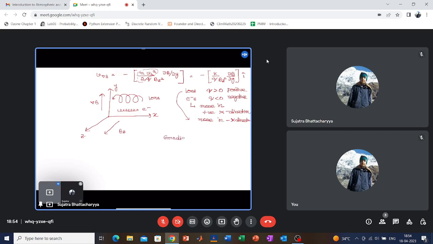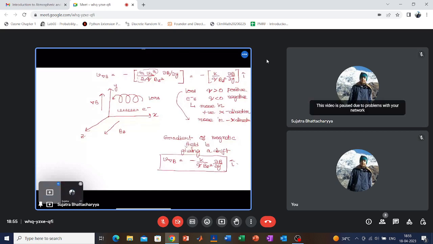Due to this gradient of the magnetic field, it is giving a drift whose velocity is given by v grad b is minus kinetic energy divided by q bz square into delta b by delta y. This is the expression in the i cap, right?